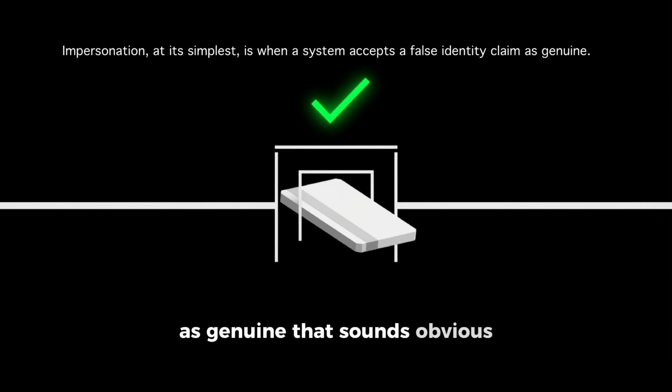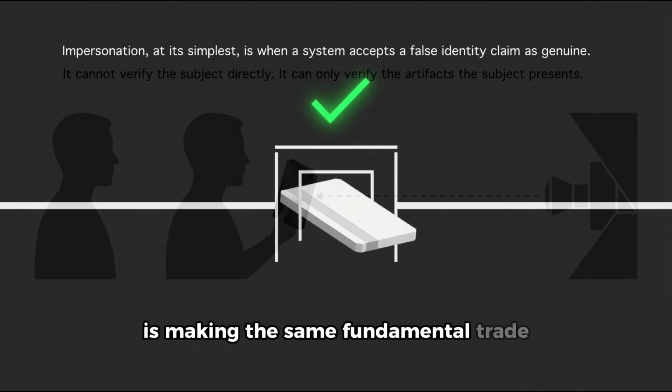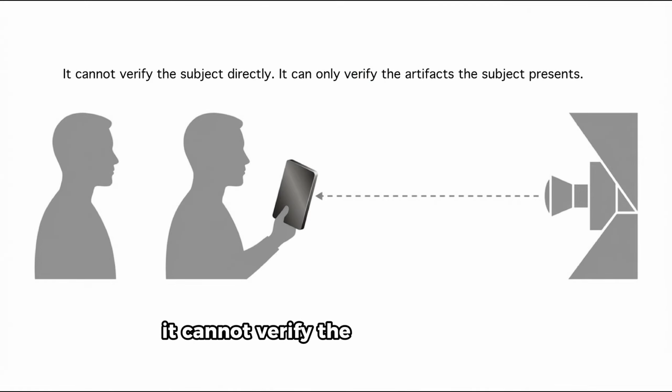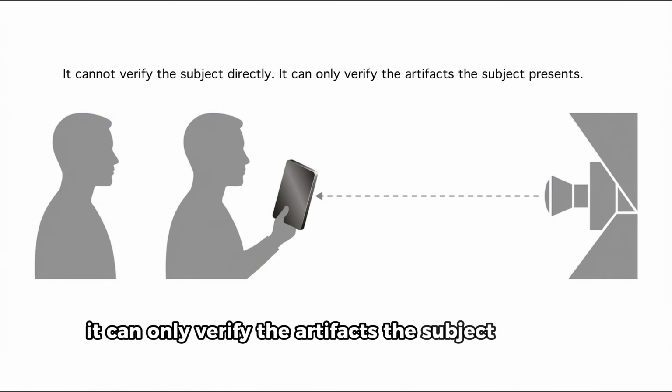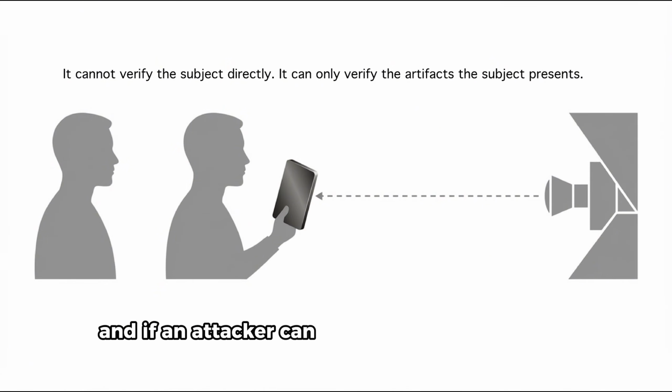That sounds obvious, but the reason it keeps working, across decades of security investment, is that every verification system is making the same fundamental trade. It cannot verify the subject directly. It can only verify the artifacts the subject presents. And if an attacker can produce the right artifact, or can get the system to accept something close enough, the verification succeeds for the wrong person.